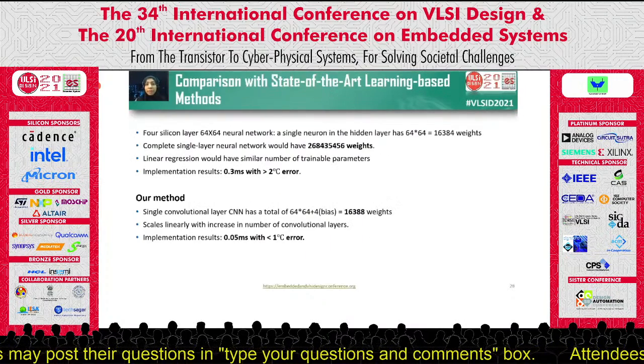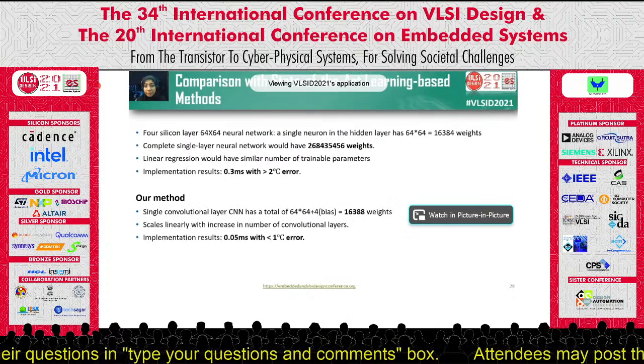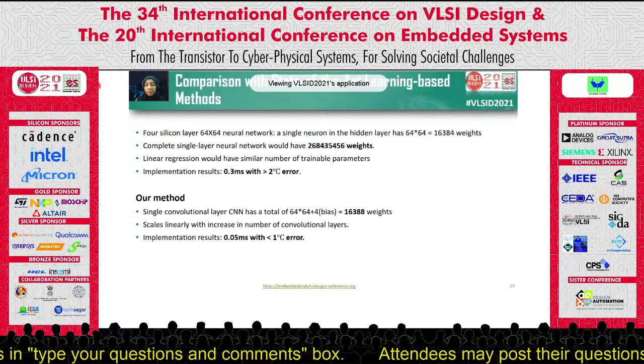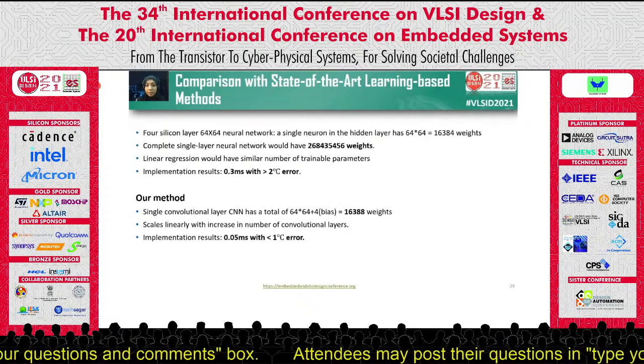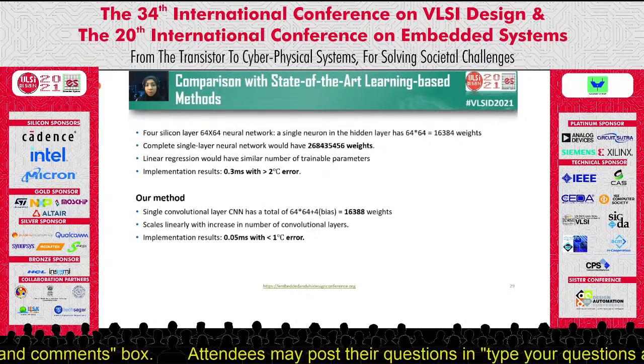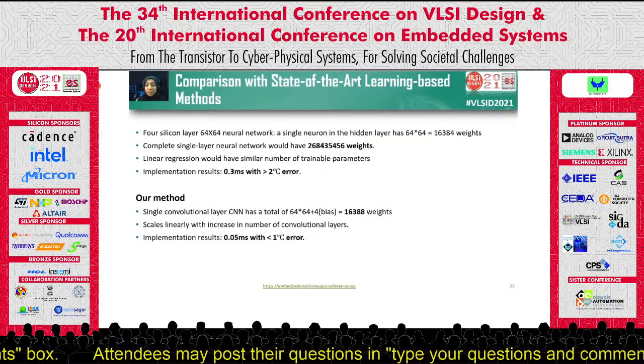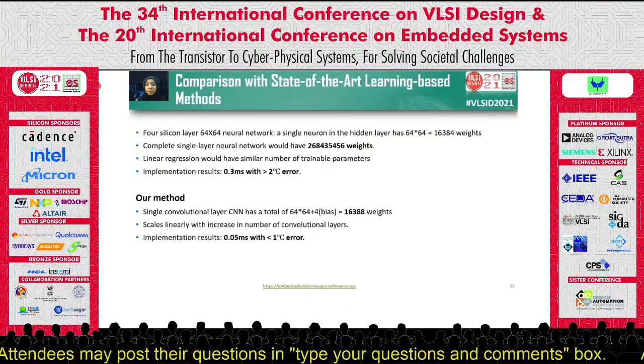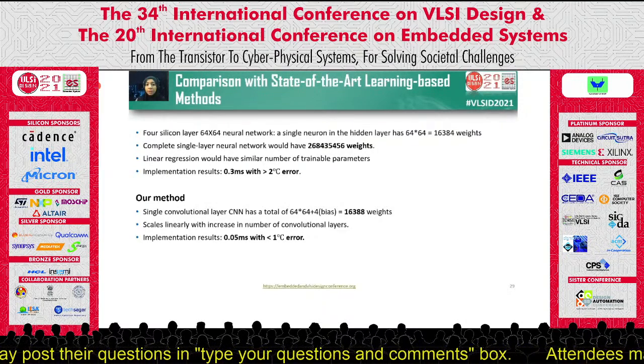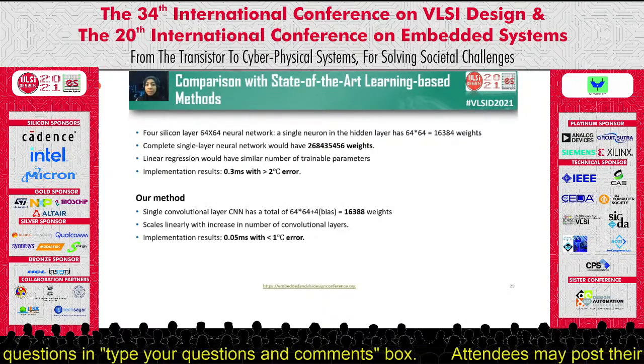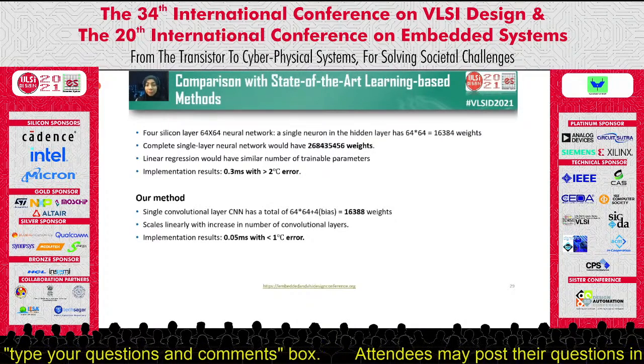Next, we compare our method with state-of-the-art learning-based methods. We compare our method against linear regression and neural network-based methods, and we show that for a similar complexity chip, a neural network would have 268 million trainable weights, while our approach would have 16,000 weights only.